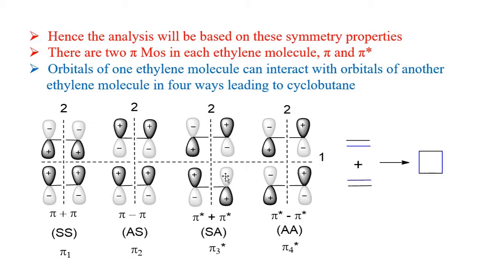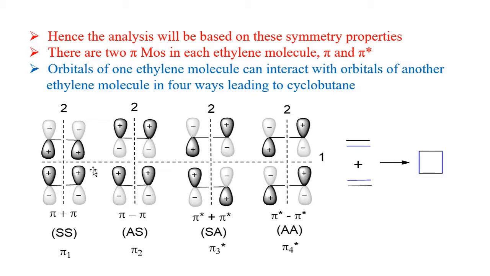Similar lobes are orienting on the same side, and hence it is an addition combination, that is pi star plus pi star. Here it is another antibonding molecular orbital, plus and minus. Here also minus and plus, and so these are antibonding molecular orbitals. The combination is also a subtraction, that is plus minus, so it is a subtraction combination.